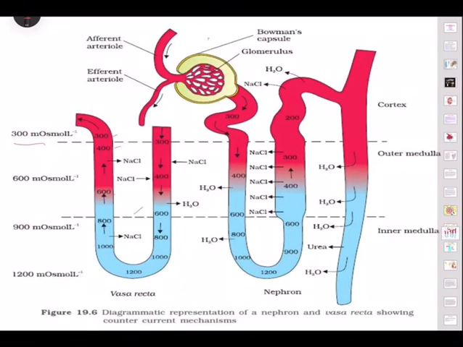And in the vasa recta, the pressures are to be maintained, and various materials' reabsorption you can see. In the whole nephron, osmolality is to be maintained; then only the formation of urine takes place. So please draw the diagrams, and try to understand what I have explained.